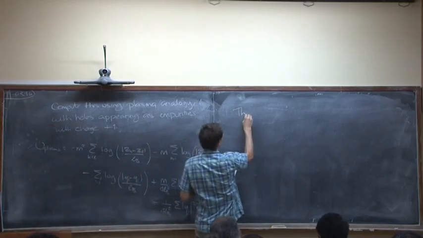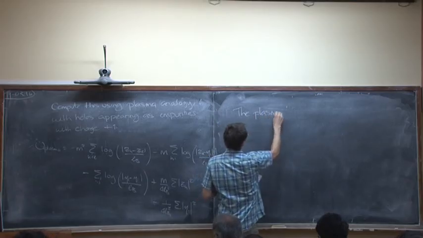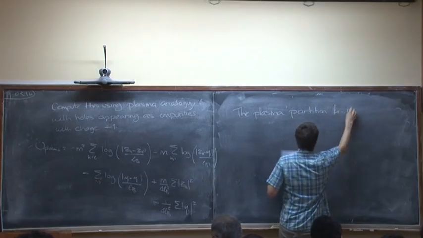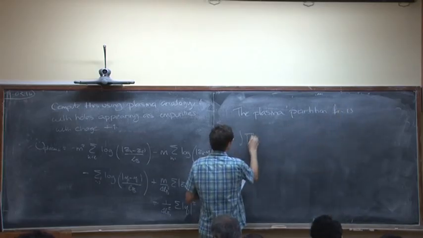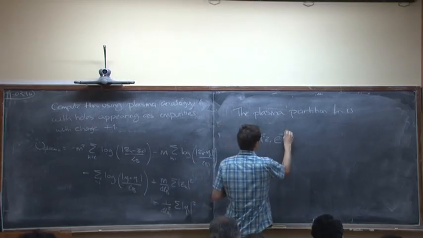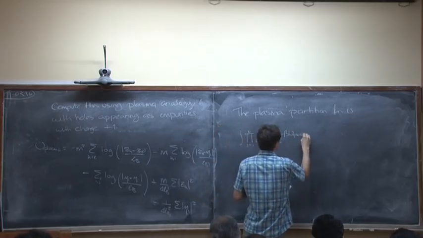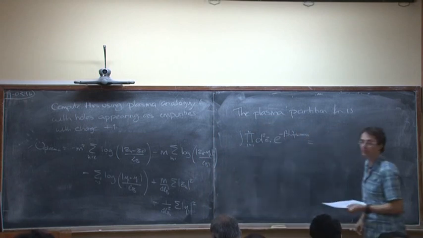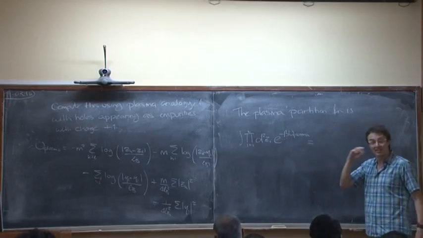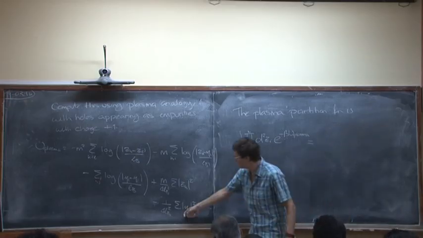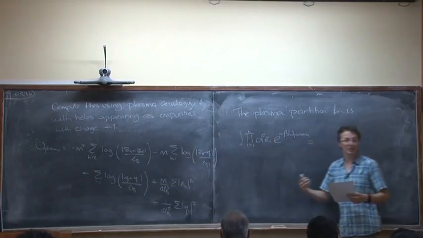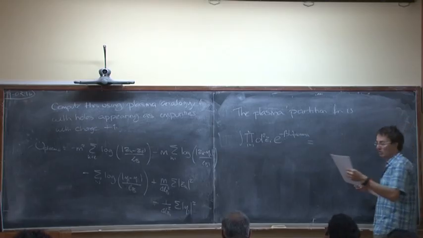Okay, so the plasma partition function is the integral over the electron coordinates of e to the minus beta times U, which, as Sandy pointed out, isn't quite the Z that we had before, because these terms are different. They depend only on etas and not on z's.